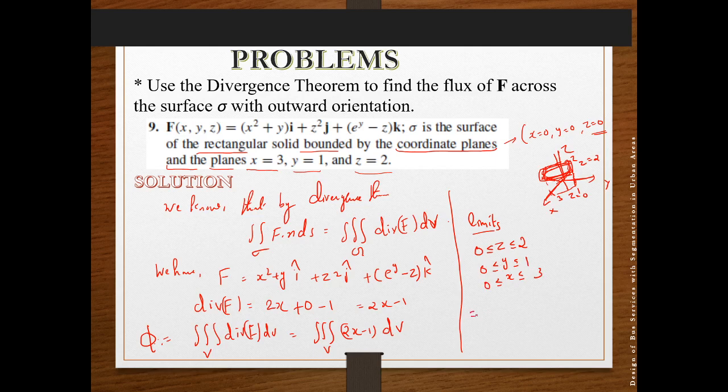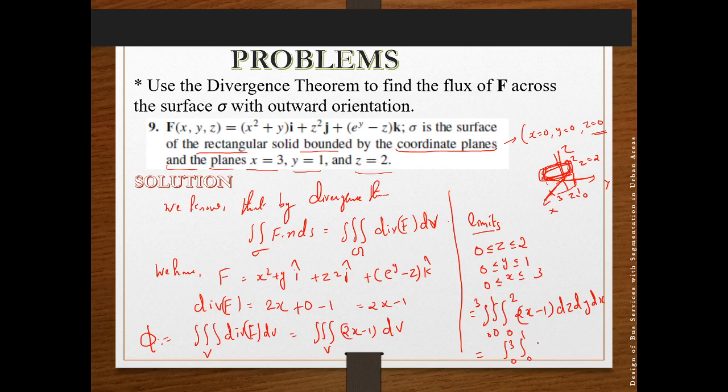Now we can write this as a triple integral. First we write the limits of z, 0 to 2, then y from 0 to 1, x from 0 to 3, of 2x minus 1 dz dy dx. So this is equal to the integral from 0 to 3, integral from 0 to 1, integral of 2x minus 1 dz.